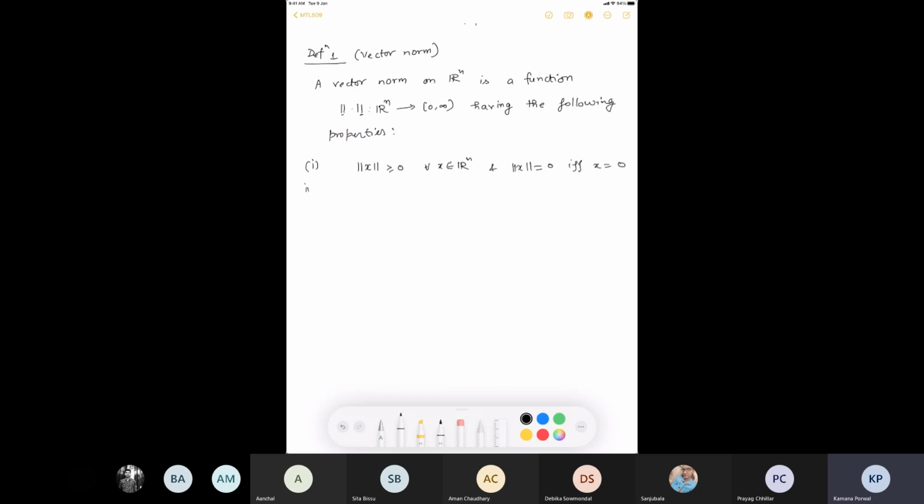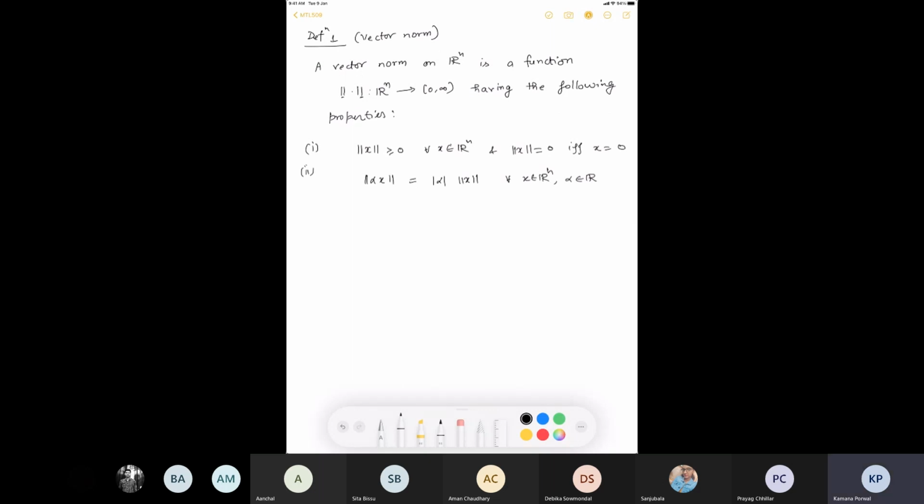Second property is that if we take any scalar alpha, and if we talk about the norm of alpha x, this is the same as multiplying the norm of x by the mod of alpha. And this holds for all x in Rn and alpha in R. And the third property we have is the triangle inequality.